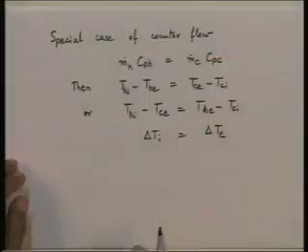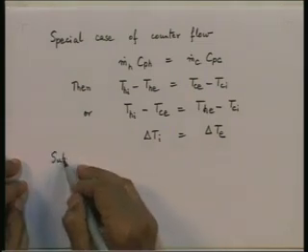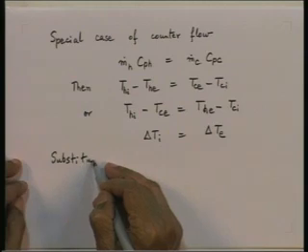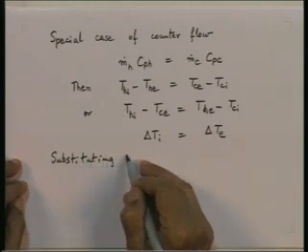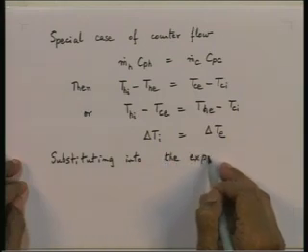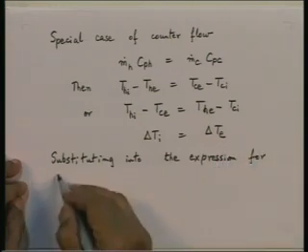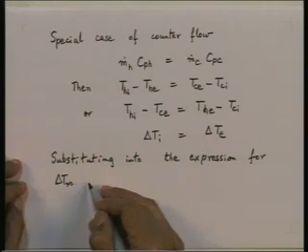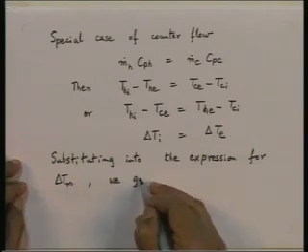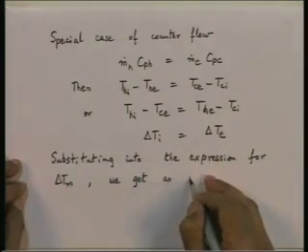Now, if I substitute into my expression for the mean temperature difference that delta Ti is equal to delta Te, into the expression for delta Tm, we get, if you do it you can see straight away without even my substituting it on paper, an indeterminate quantity.